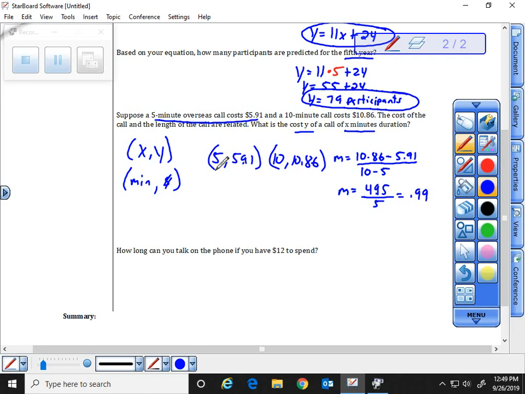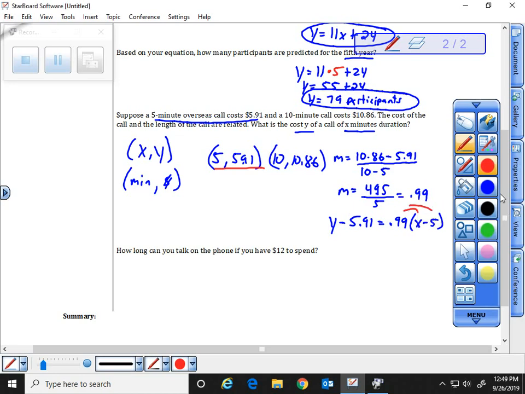Pick one of the points. I'm going to choose the first one, as I like to do. So it'll be y minus the y sub 1 equals the slope of 0.99, and it'll be x minus the x sub 1, 5.